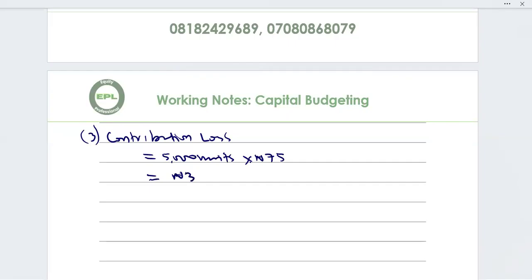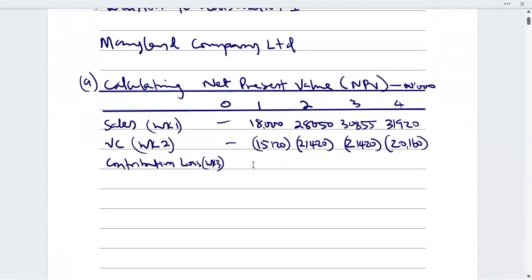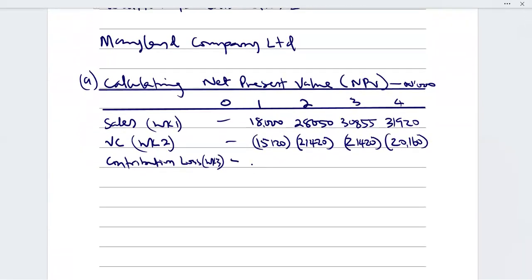That should be 375,000 naira. Remember, figures are in thousands, so you have to be very careful. So that will be 375 for each year, no inflation. So we are done with that.